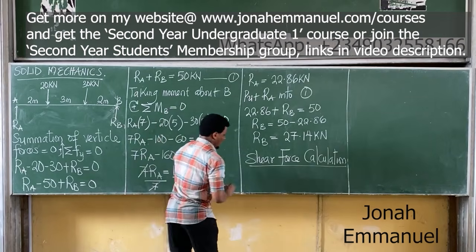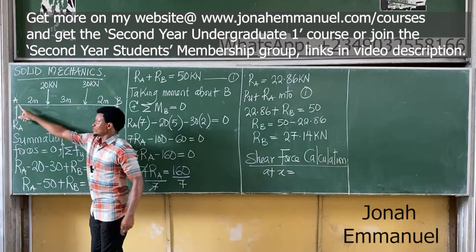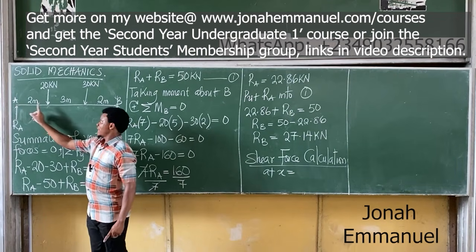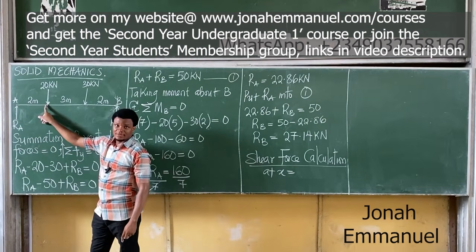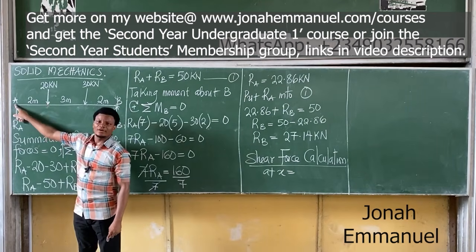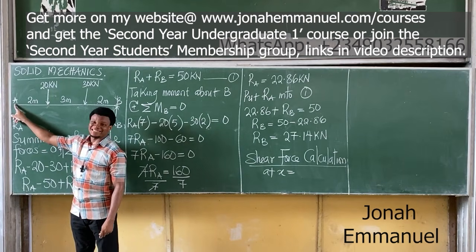In essence, I will take at x equal to, at this point, what's the value here? 2 meters. At this point, what's the value? 0. Good, because this is my starting point.